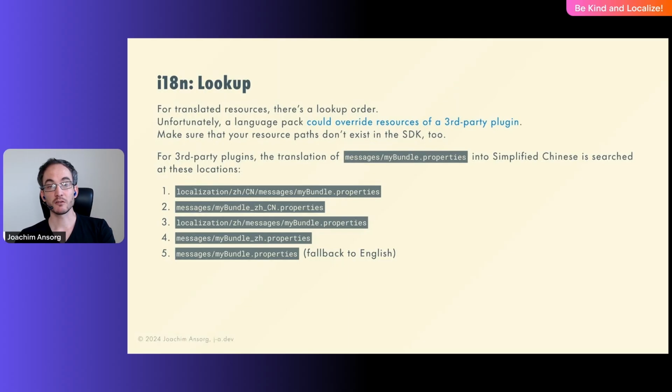With the example of messages, MyBundle.properties, the IDE is looking at the following locations if the user has configured simplified Chinese. So there's some prefix directory with the language name and language region taken from the locale. There's also a suffix to the file and then a more generic lookup with just the language code. I usually prefer 2.2. Up to you what you do.